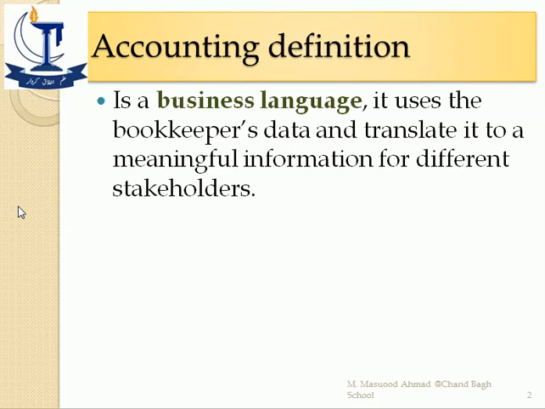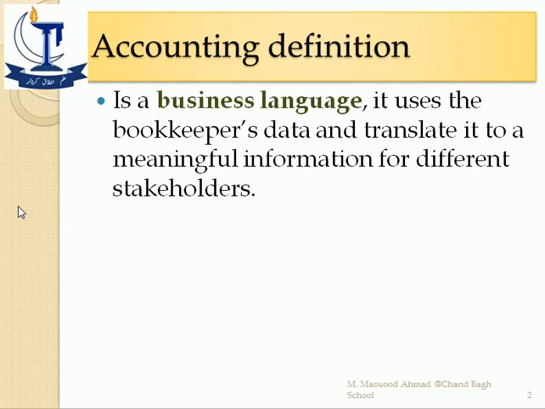For example, the owner of the business, who owns the business, is a main stakeholder. The workers, for example, we are here working in Chandbagh school and we are employees. So all the employees of an organization are stakeholders.